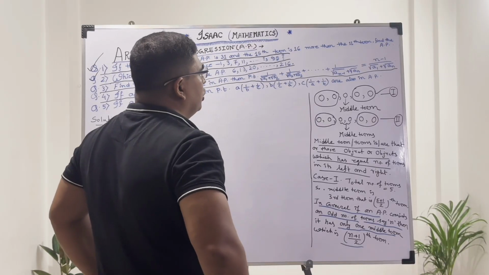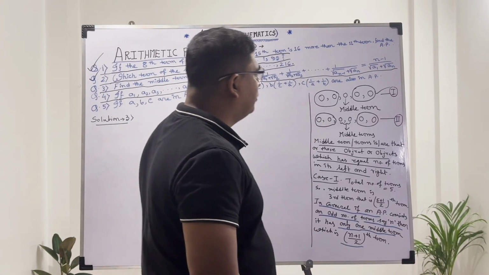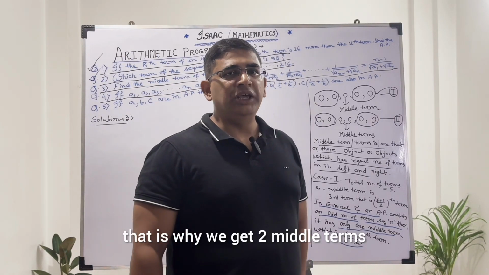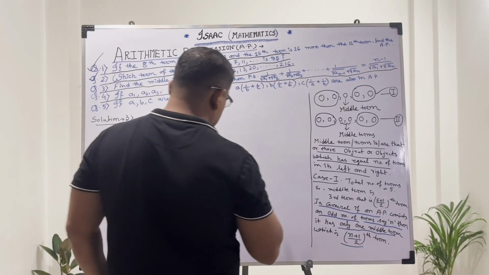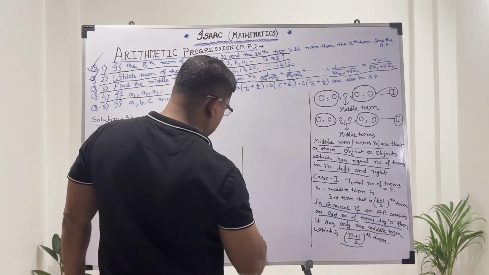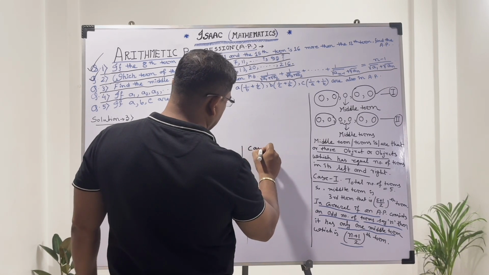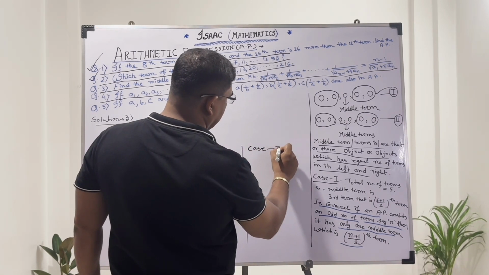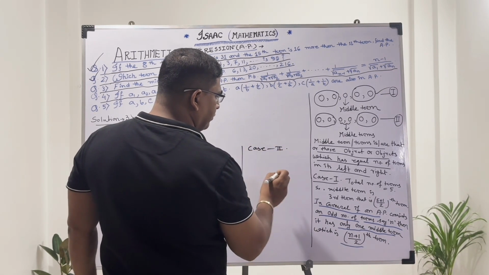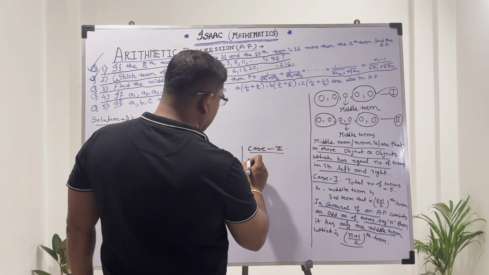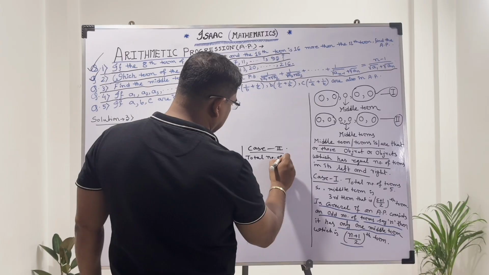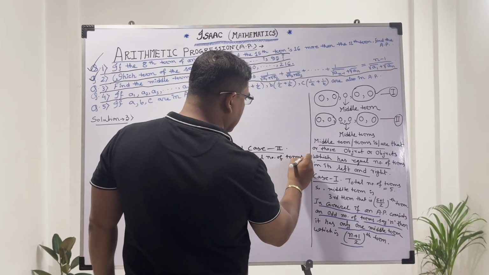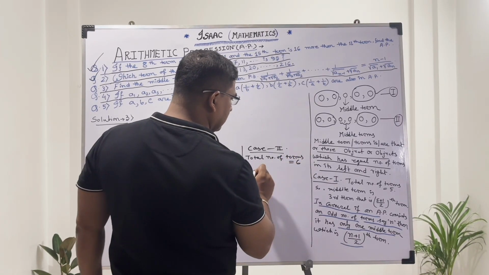In case 2, total number of terms is 6. That is why we get 2 middle terms. Case 2, total number of terms equals 6.